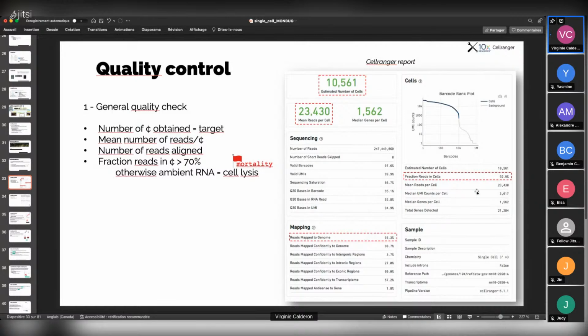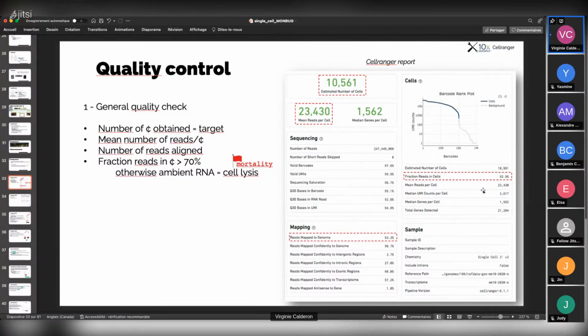And the last thing to check here is the fraction of reads in cells. In the cells, we want this to be higher than 70%. If it's lower, that means that you have ambient RNA, so the cells were dying, the cells are dead, and the RNA inside the cells was released in the sample.